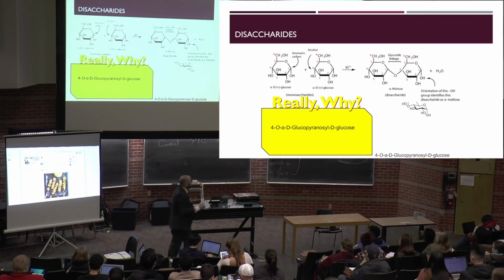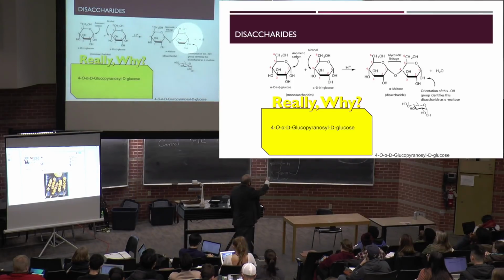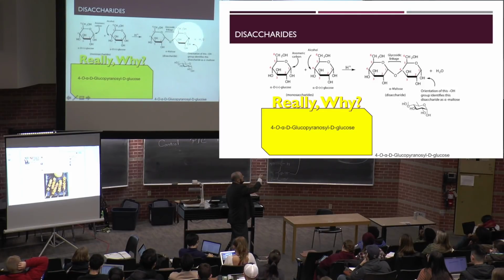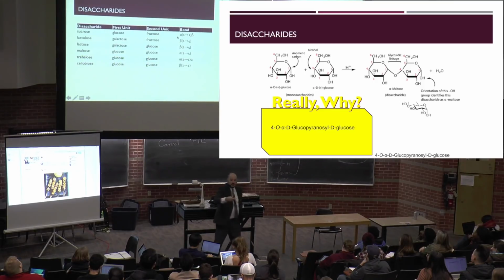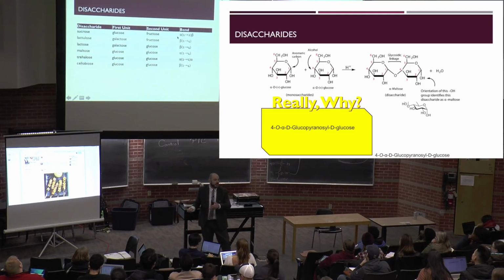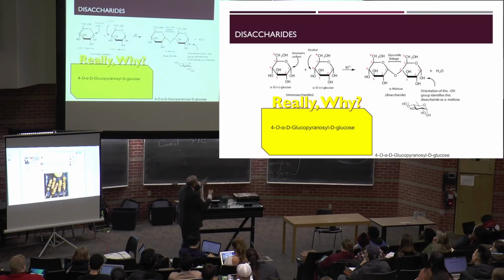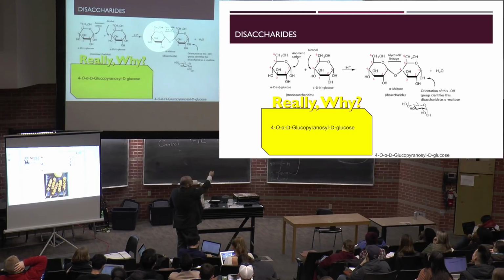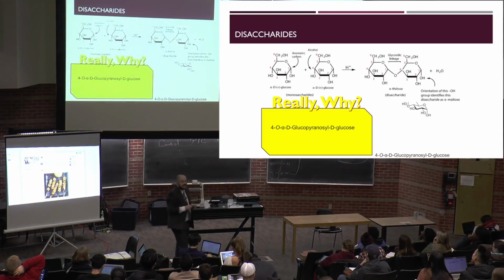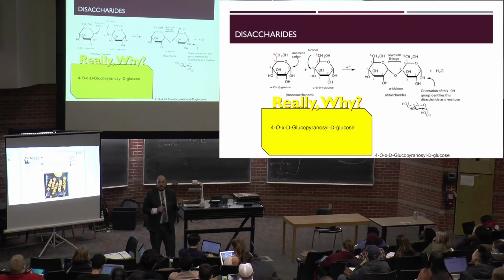Now, if we go to the other side of the molecule, does it still fit the definition of a reducing sugar? Yes. So maltose is still a reducing sugar. Even though the first glucose here is a non-reducing sugar, it still has a reducing component of that molecule.